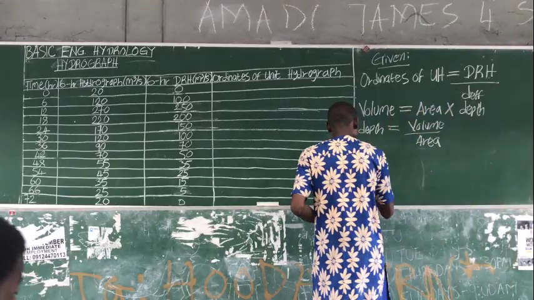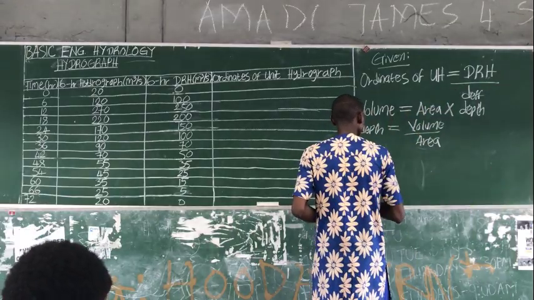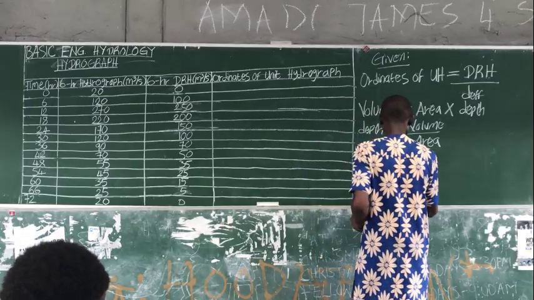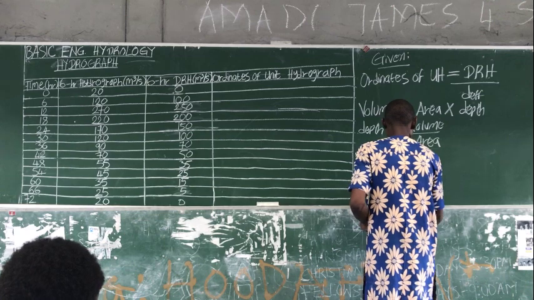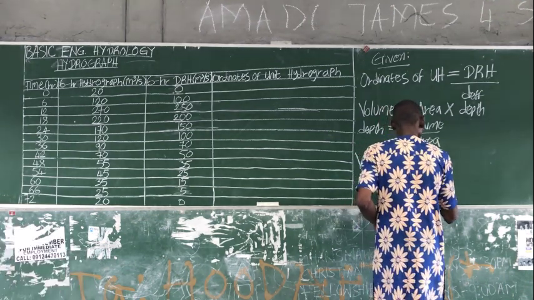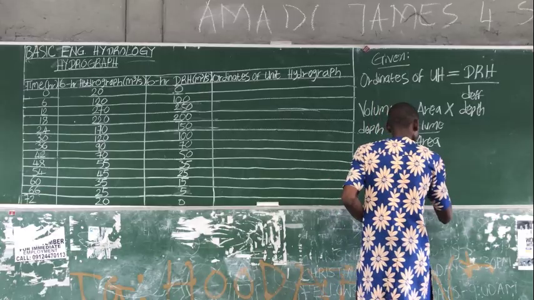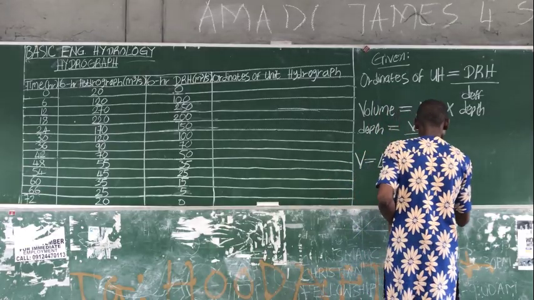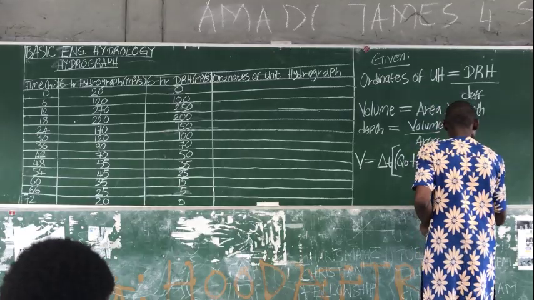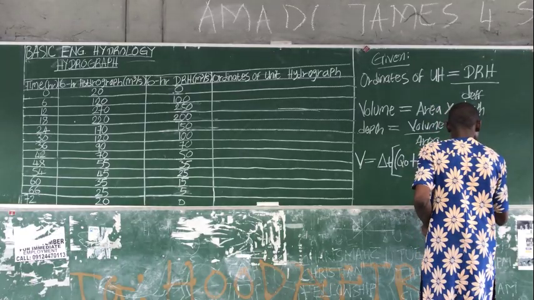So for the trapezoidal method, our volume is given as our time into our first discharge plus our last discharge, which is Qn, plus 2 into every other discharge.